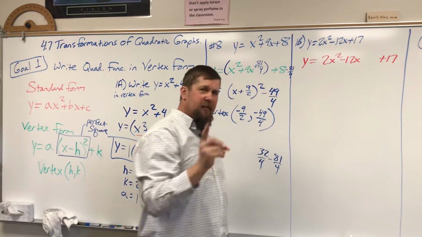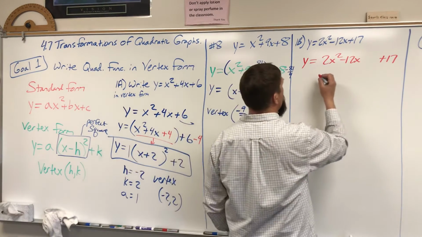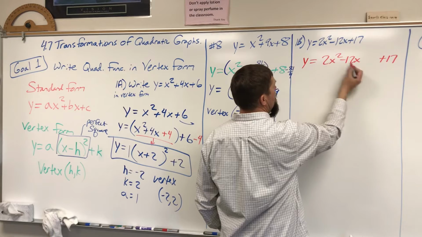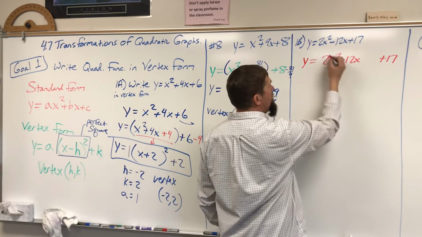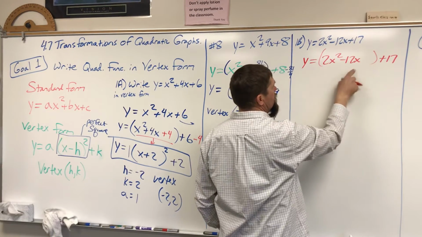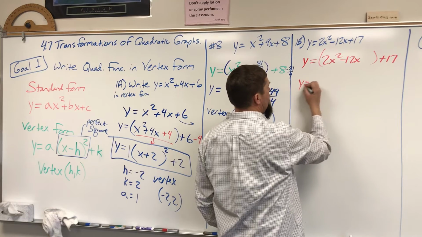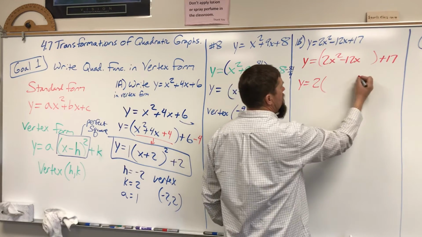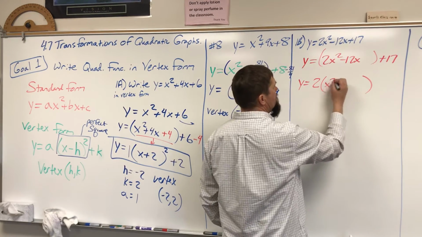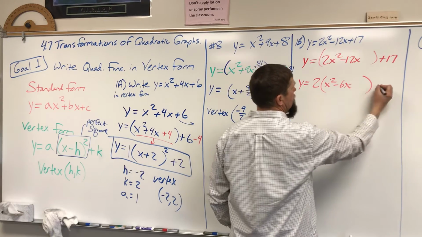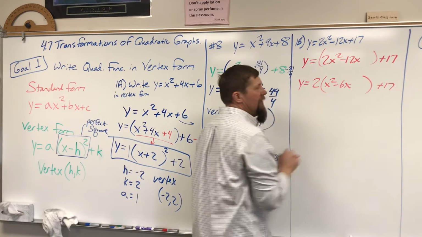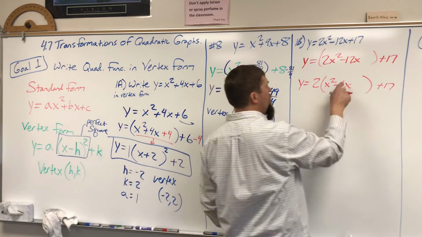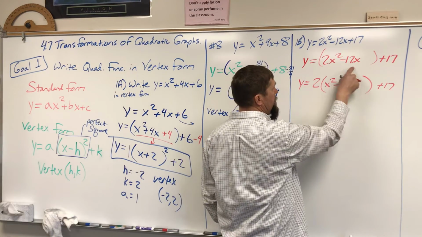However, in the second step, we are going to factor a greatest common factor out of this group. So I'm going to take out a 2, which leaves x squared minus 6x. And of course, I did not touch the 17. I only factored a 2 out of the first two terms.